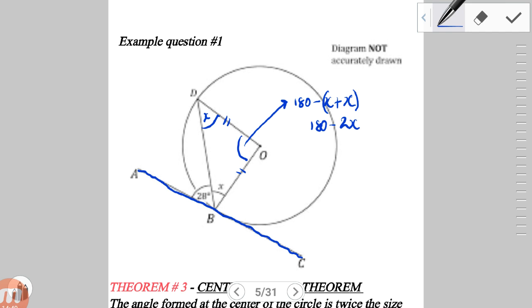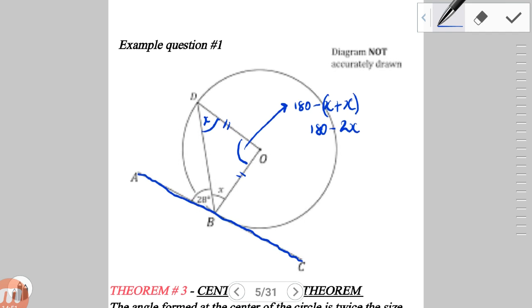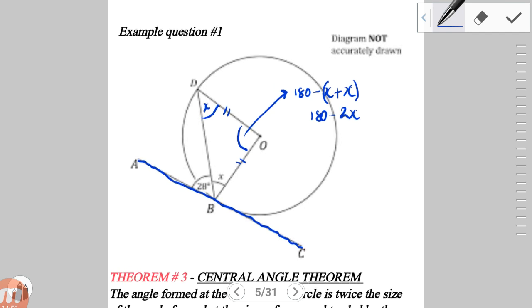And if you remember when we were talking in the introduction video, the point where the tangent meets the circumference is called the point of contact or the point of tangency. But in theorem number 1, which you just learned, where we said that, or is it theorem number 2? Pardon me.